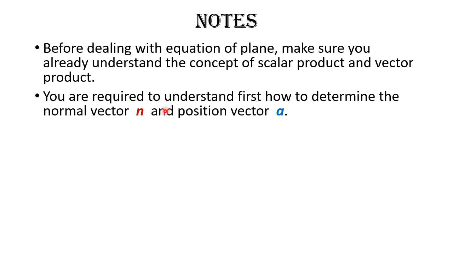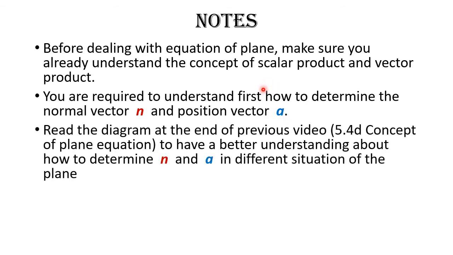Okay, next, in all situations, you are required to understand first how to determine the normal vector to the plane and also the position vector A. And then remember, I already discussed this one in the previous video. So make sure you read the diagram at the end of the previous video.